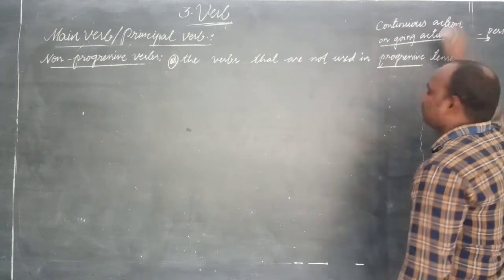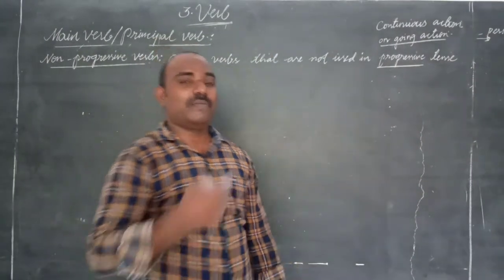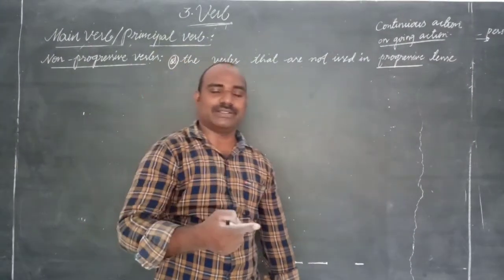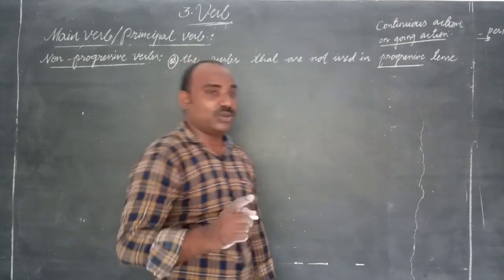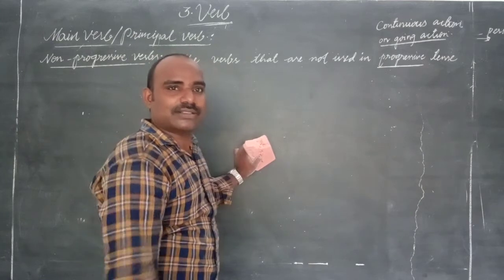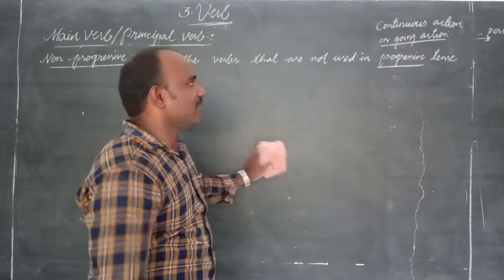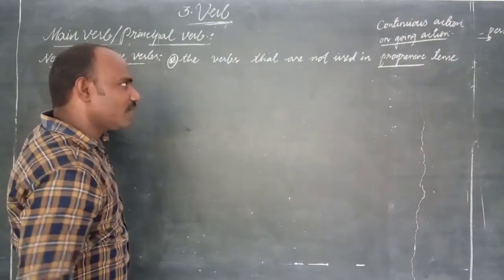Continuous actions means here we have present continuous or present progressive, past continuous or past progressive, future continuous or future progressive. We should not use some verbs in continuous tenses. Those verbs are called non-progressive verbs. Do you understand?